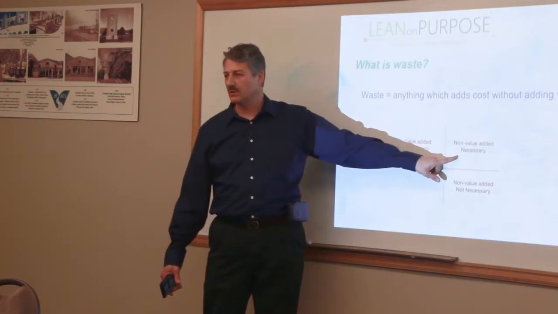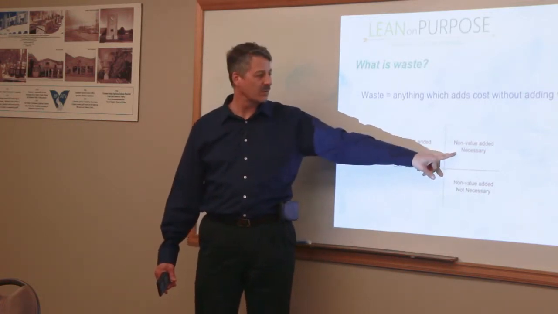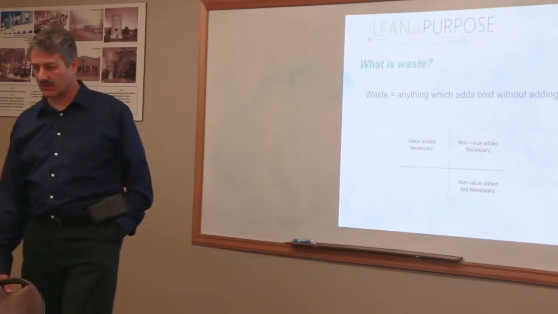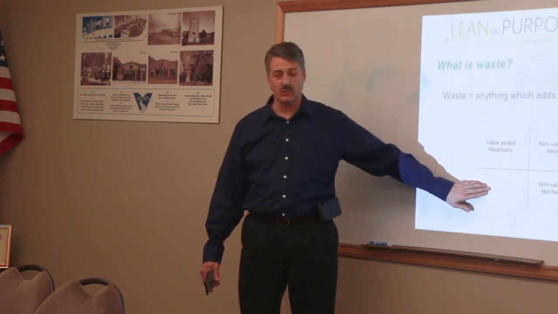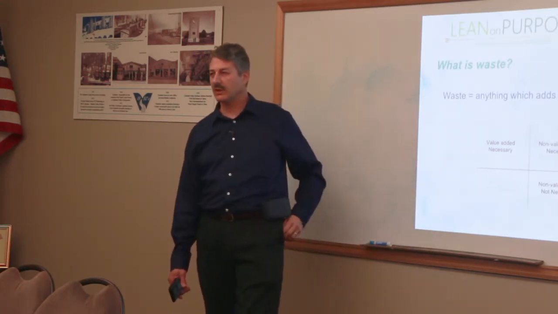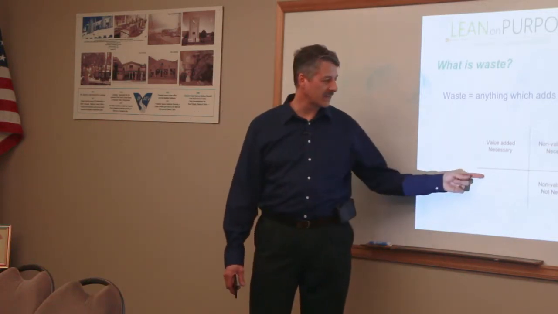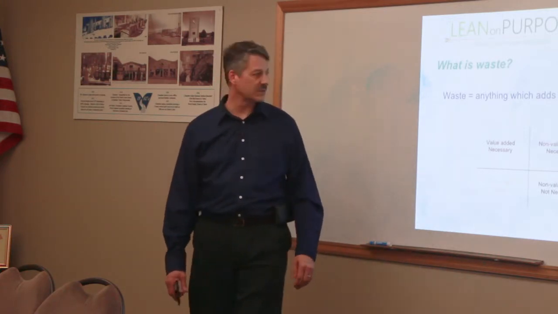So you would want to find ways to be as efficient as possible with these things, and then value added not necessary. In today's world, it could be the customer does find value in it, and you think of it as necessary. So something that is value added today could become waste in the future.